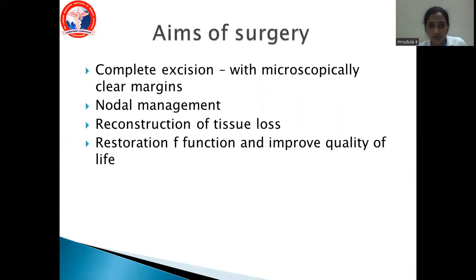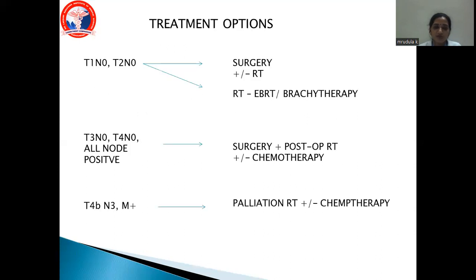So what is the aim of our surgery? The aim is complete excision with microscopically clear margins, nodal management, reconstruction of tissue loss, restoration of function, and improved quality of life. So the treatment options for early stage T1, T2, N0 disease: surgery or radiotherapy. You can go for external beam radiotherapy or brachytherapy.